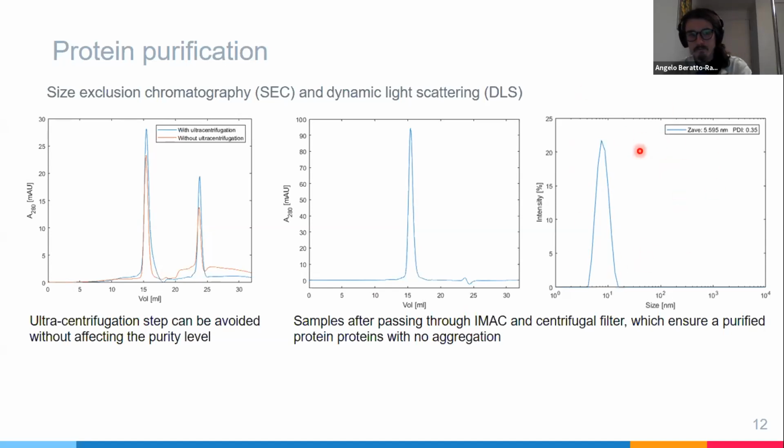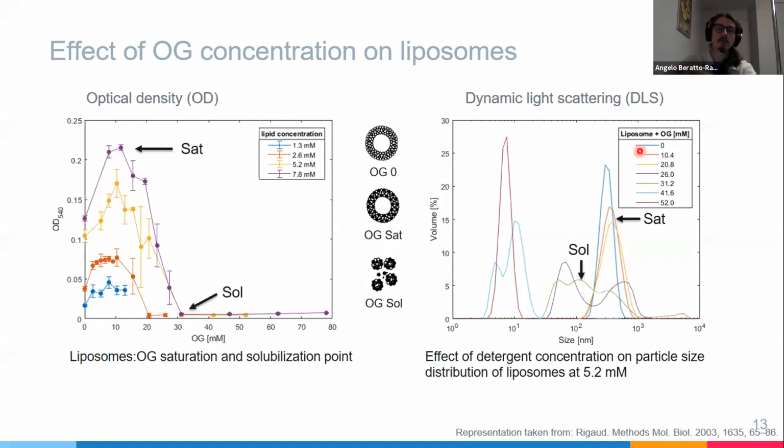Now, for the detergent stabilization, we can see the optical density of different concentrations of liposomes when they are submitted to different concentrations of detergent. This is useful because it allowed us to know the point where the detergent molecules completely saturate the liposomes and where the liposomes get completely solubilized.